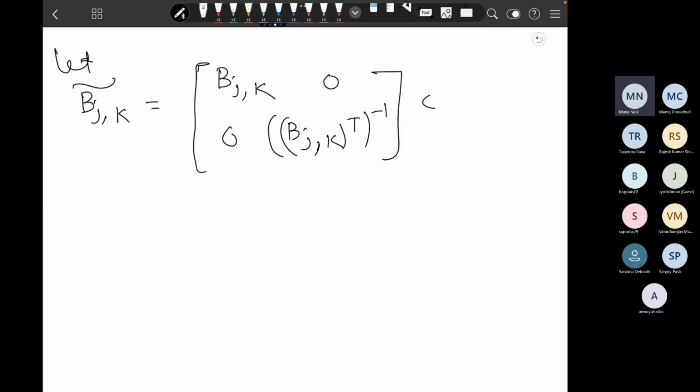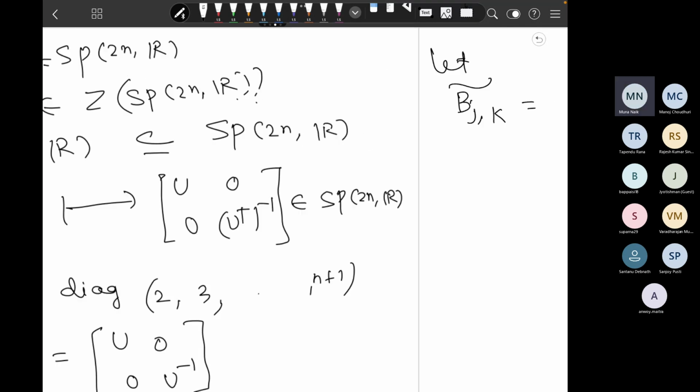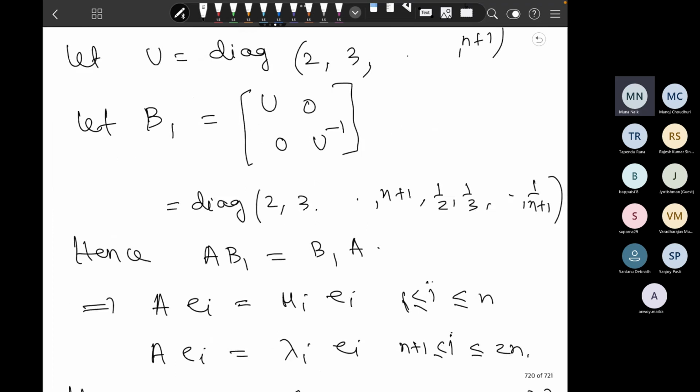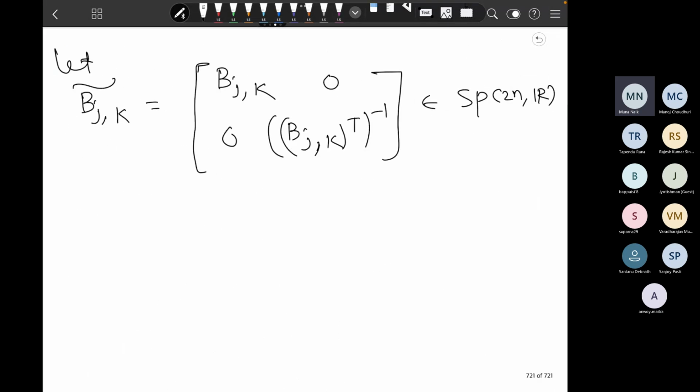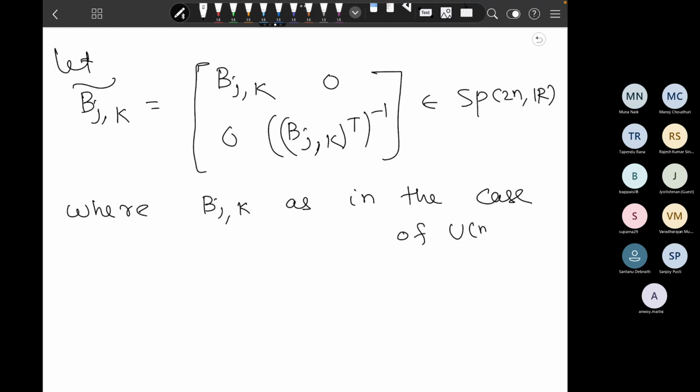By definition, this belongs to Sp2n(R) because of this u, 0, 0, u transpose inverse belongs to Sp2n(R), where this bj,k is really as in the case of un.